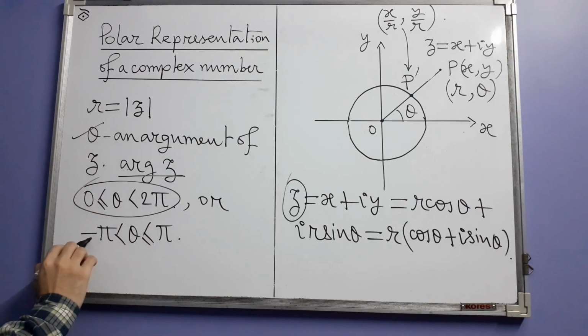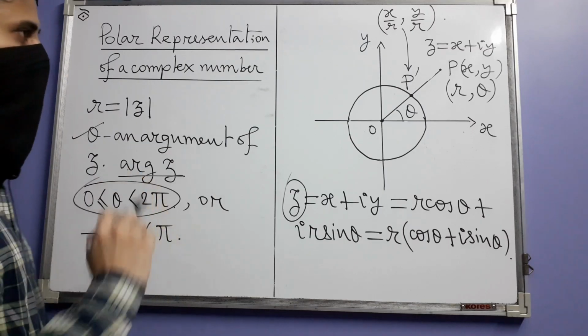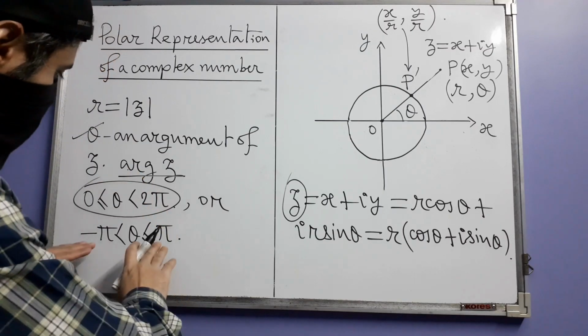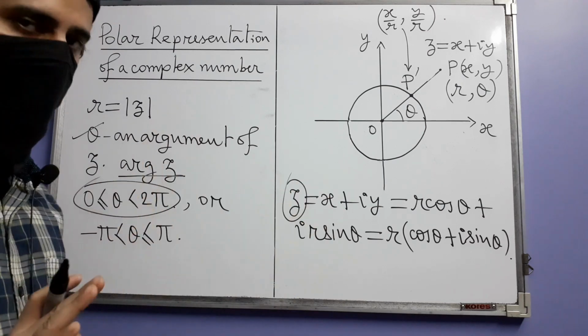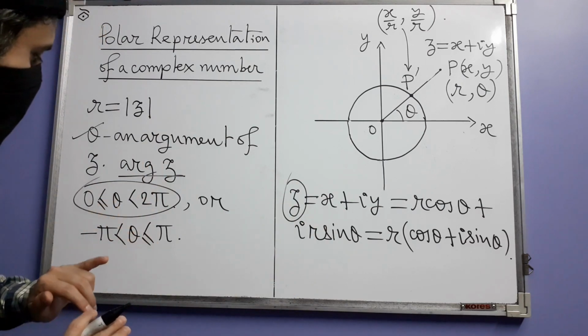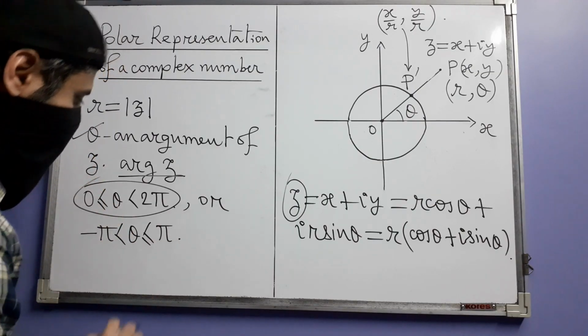That your theta is required to be greater than minus pi but less than or equal to pi. If this restriction is put on your argument, then also you get a unique argument, different from this one. And this unique argument has a name.